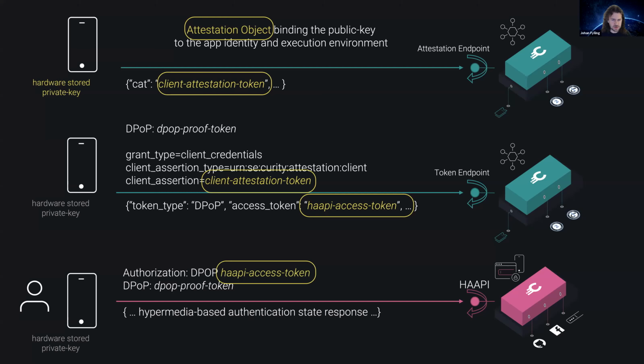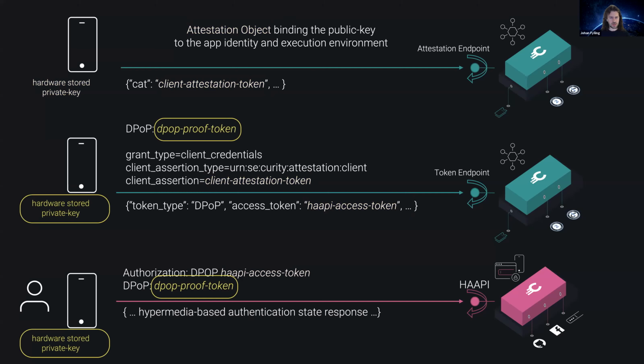As you can see, throughout this flow, we use DPoP, which is a way to assert proof of possession of a private key. This private key that we're asserting is cryptographically bound to the attestation object itself.